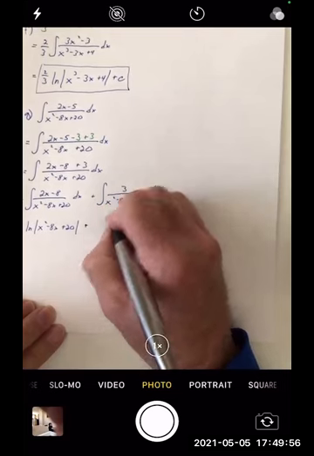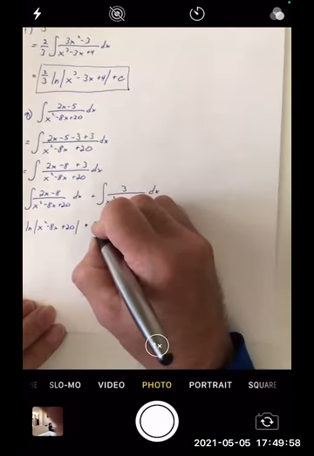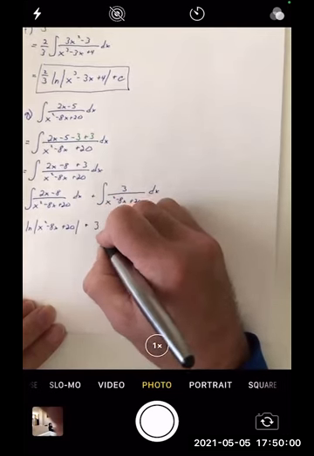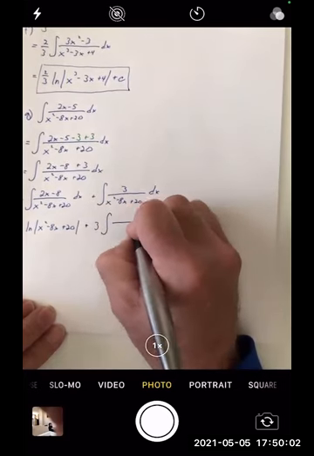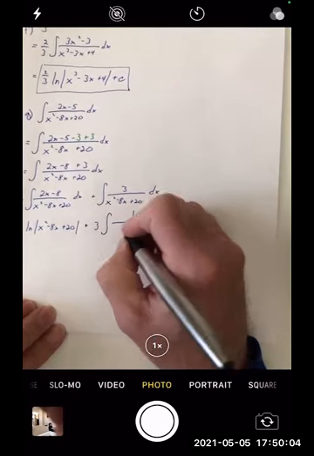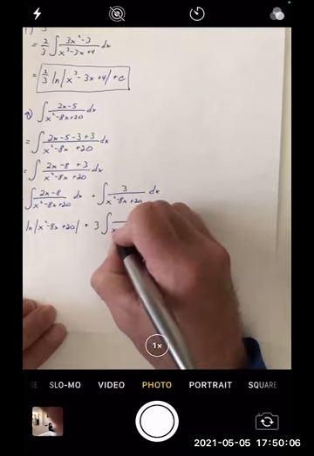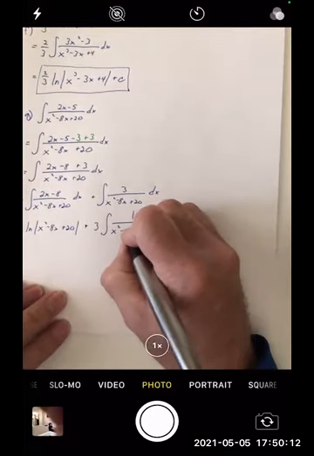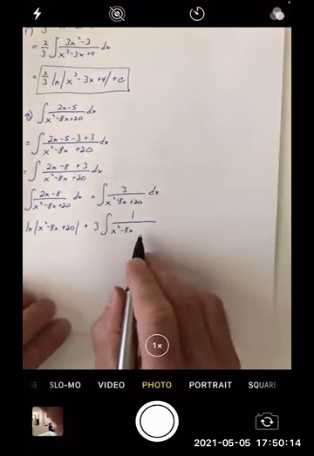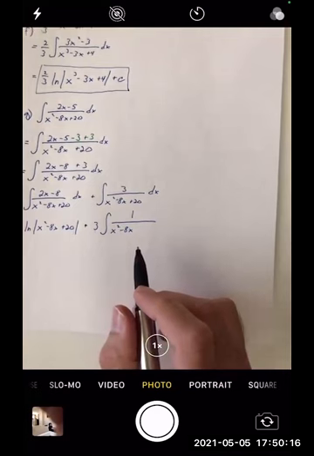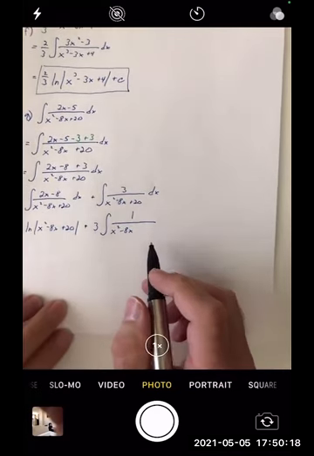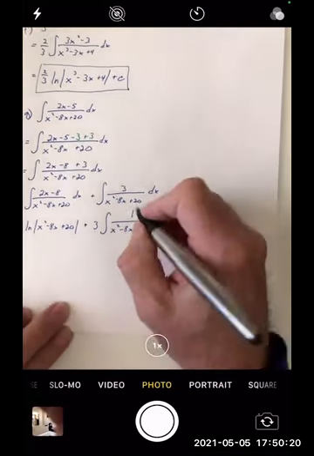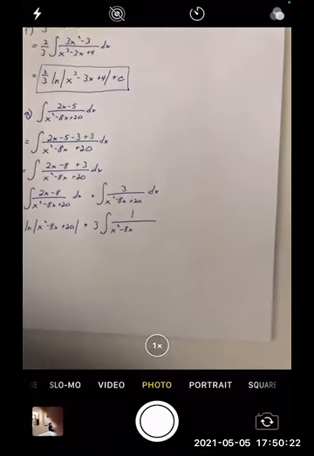I see. Okay, so let's pull that 3 out. And then for the denominator, he was totally right. We are going to complete the square. So with x squared minus 8x, what number completes the square? 16. Okay.